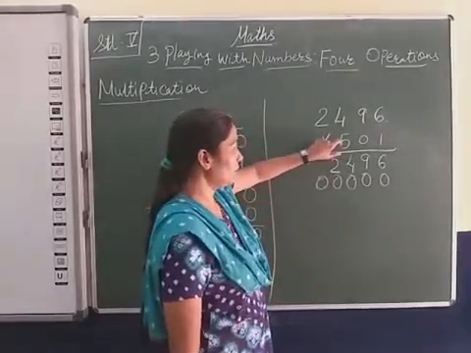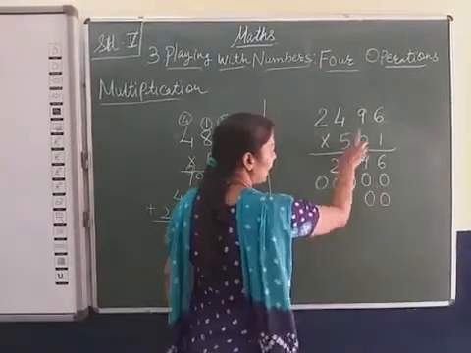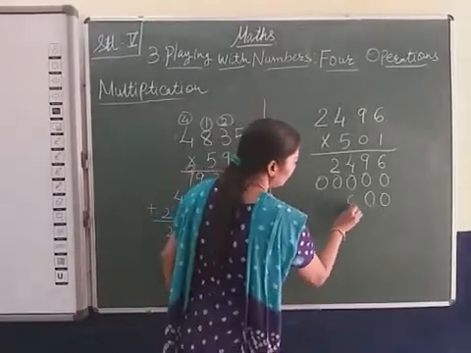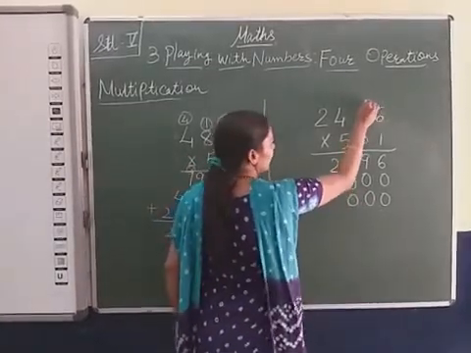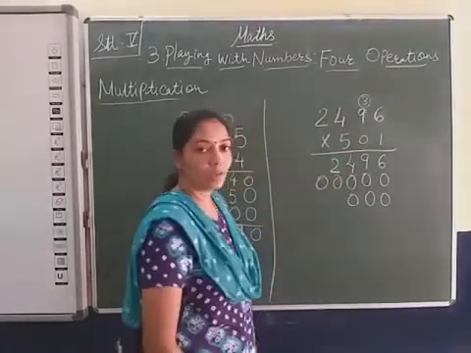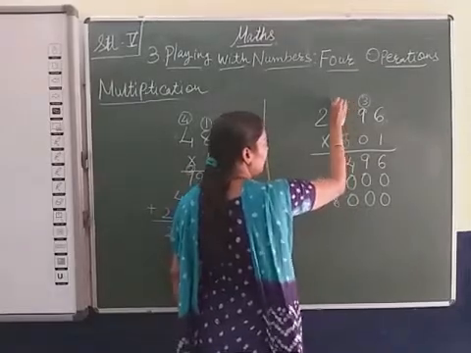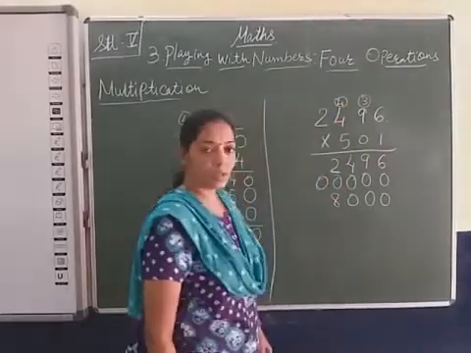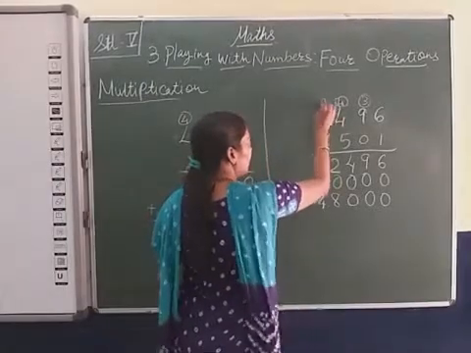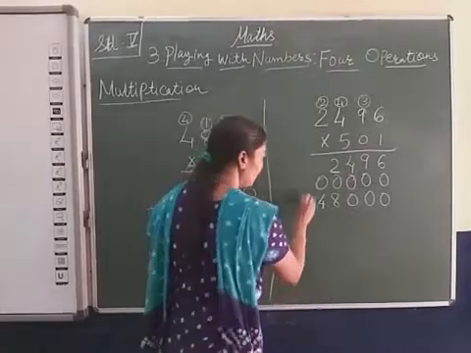Now start from this 100 value, so we put 2 more 0s here. 5 into 6, 5 sixes are 30, 0. We will come here, 9 fives are 45, 45 plus 3, 48, 8 is here, 4 is carry forward. 5 fours are 20, 20 plus 4, 24, 4 is here and 2 is carry forward. 5 twos are 10, 10 plus 2, 12.